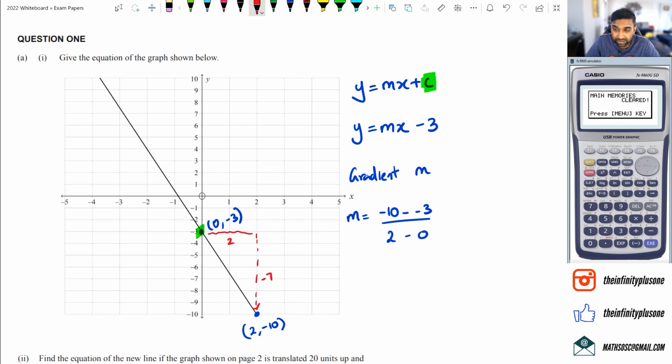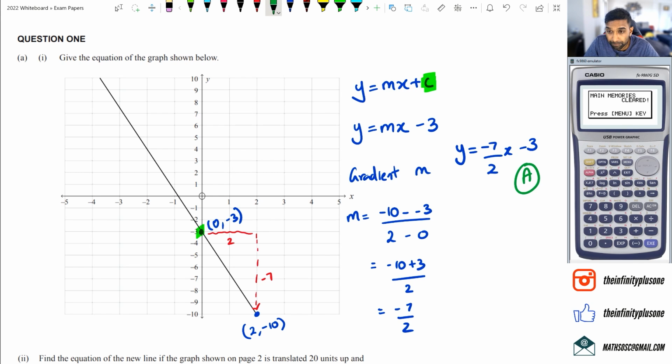So your gradient is -7 over 2. But if we have a look at what we've done here, we get -10 plus 3 over 2, which is also -7 over 2. So the equation is y equals -7 over 2 x - 3. Now grades wise, this is actually worth an achieved.